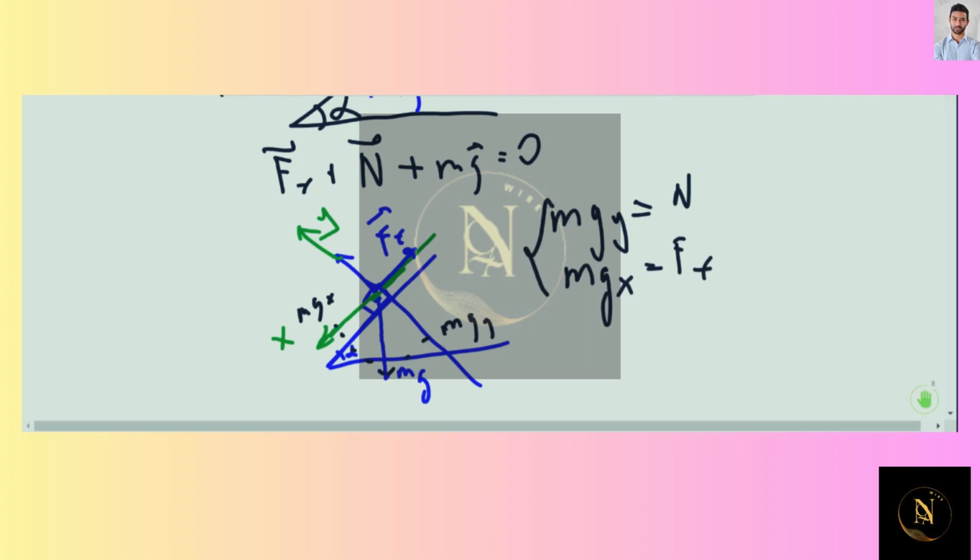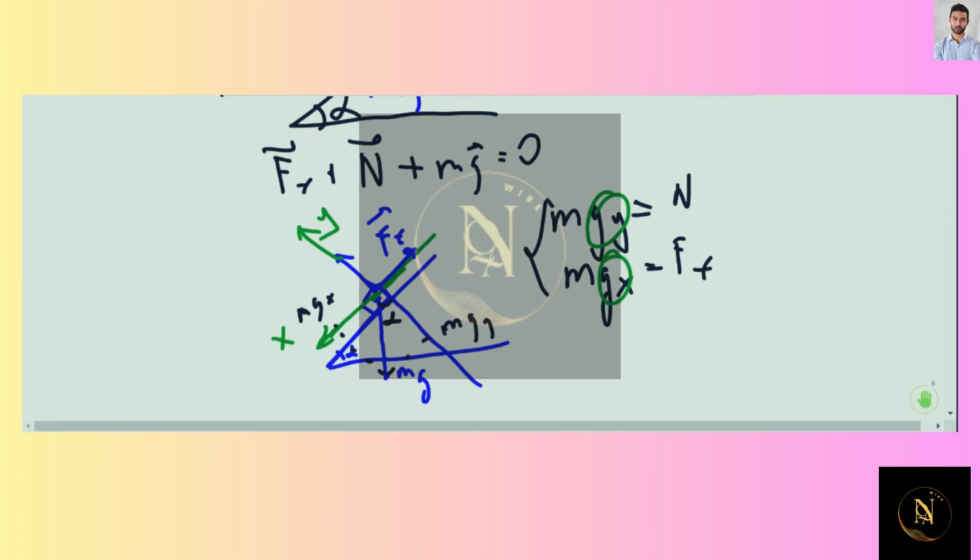Now we have to find the y and x projection of the vector g. So again, the slope of the hill is alpha, and now we have to find alpha in this triangle. So alpha is here because this side mg is perpendicular to the surface of the Earth, and the surface of the slope is perpendicular to the y-axis.